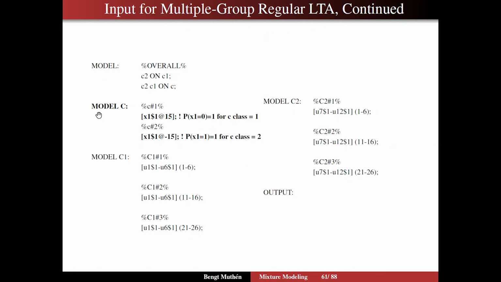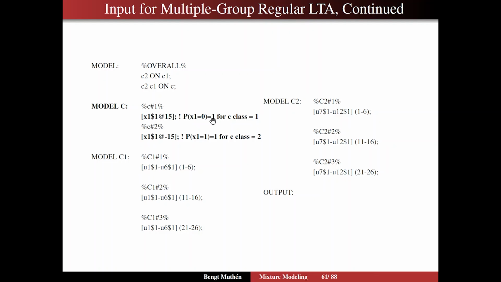And here's a new feature. We have not only model C1 and model C2, but also model C1 with 2 classes. And we say then that x1 variable, it is categorical, binary. And we're saying that its threshold is either plus 15 or minus 15 fixed. So very high or very low. Very high threshold means that it's hard to surpass it, which means that the probability that x1 is 0, the lowest category, is 1.